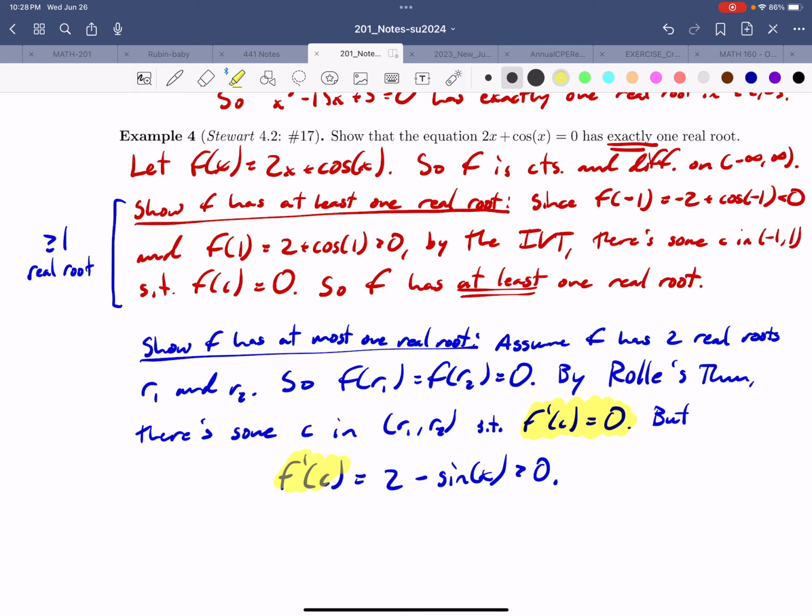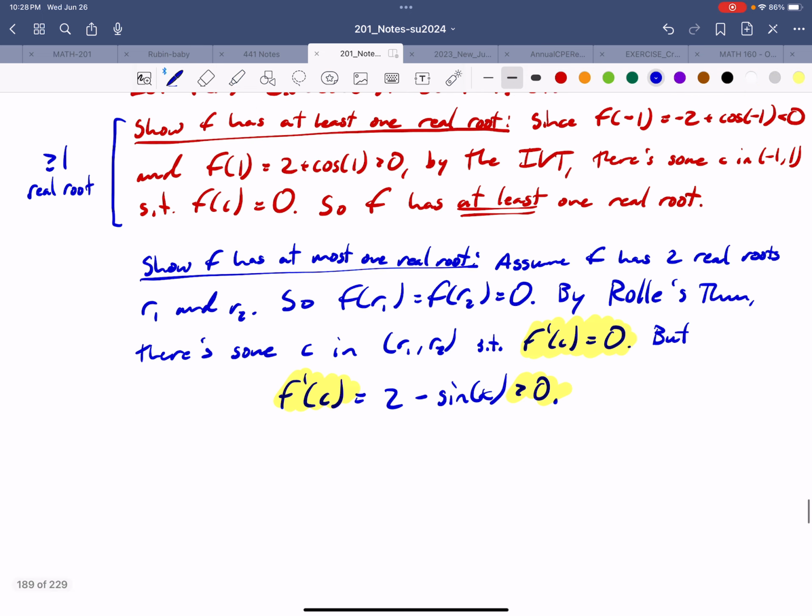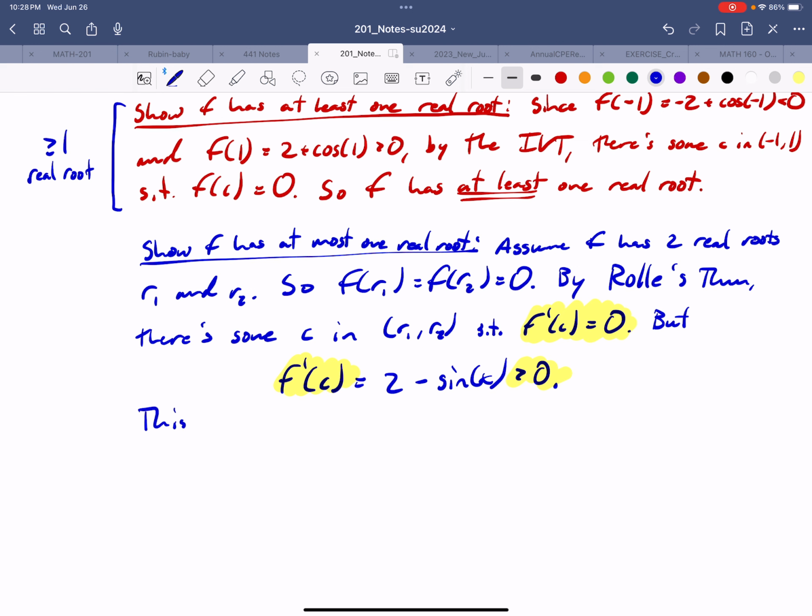But we also have that f prime of c is greater than 0 for all values of c. It doesn't matter what c is. I'll say this is a contradiction. So f has at most one real root.